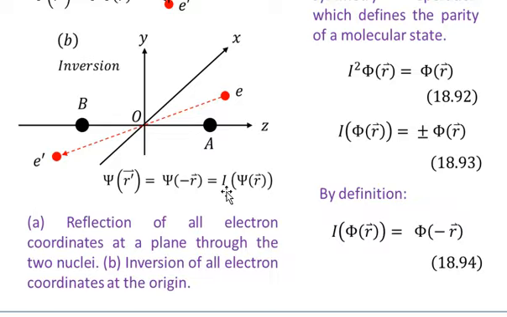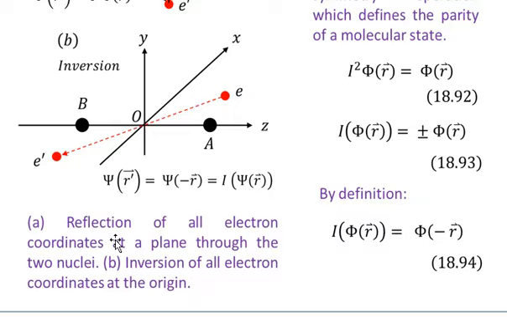Psi of r is actually the original wave function of the molecule. When it is operated by the inversion operator I, it will produce psi of minus r, because in the inversion x will be replaced by minus x, y by minus y, z by minus z. It means r will be replaced by minus r, which is represented by r prime. So this is the inversion operator.